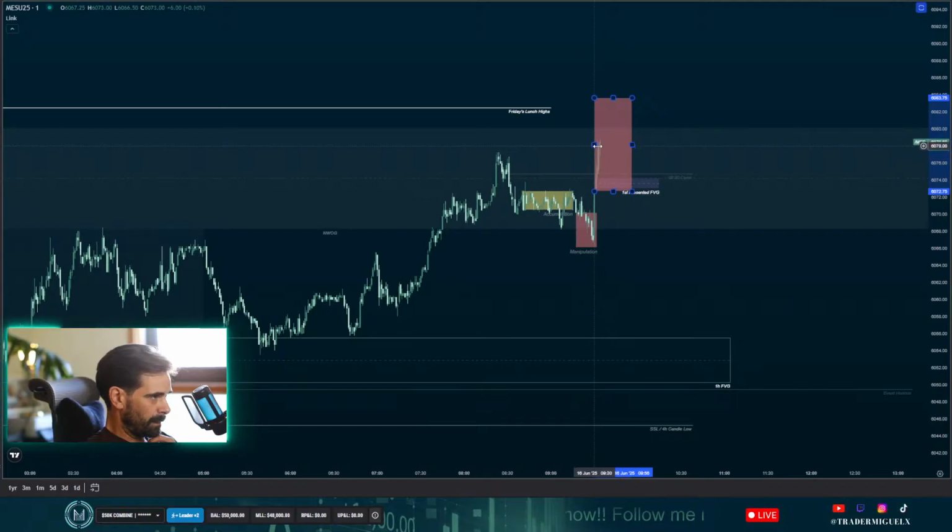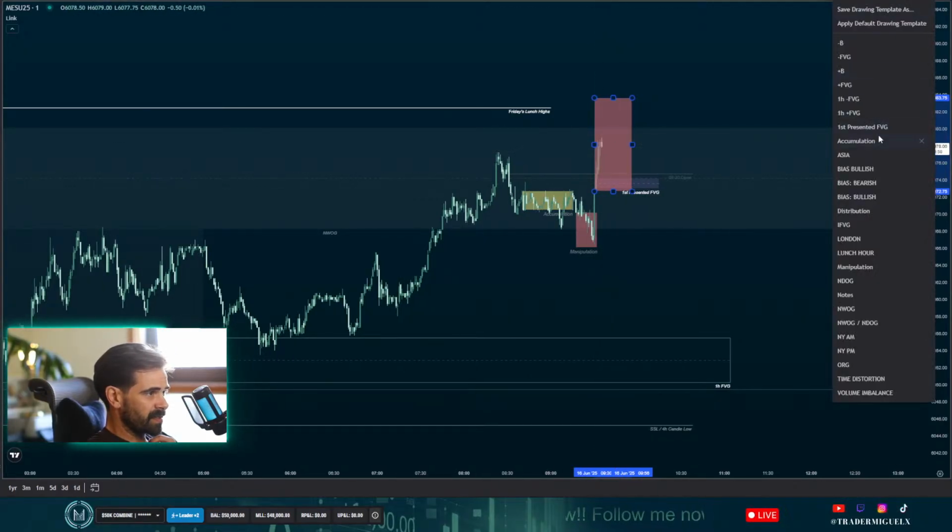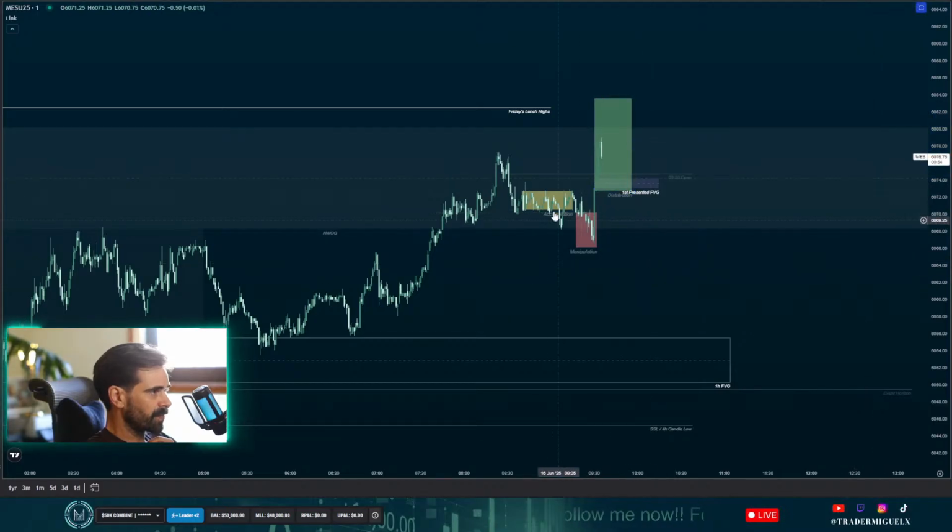So we got some kind of an accumulation some minutes prior to the open, then the market just dumped here a little bit, and then we got some kind of a distribution to the upside.